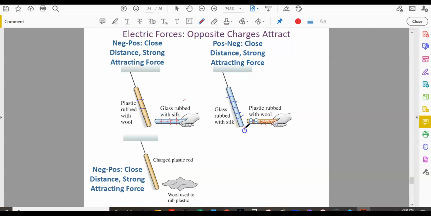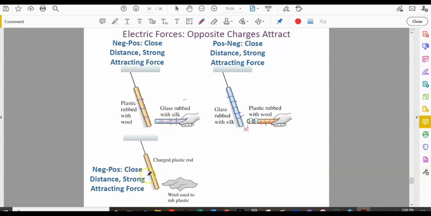So when attraction comes into play, that attraction force is going to be even stronger. While if it doesn't have as many negatives or positives built up on it, it's not going to be as close.